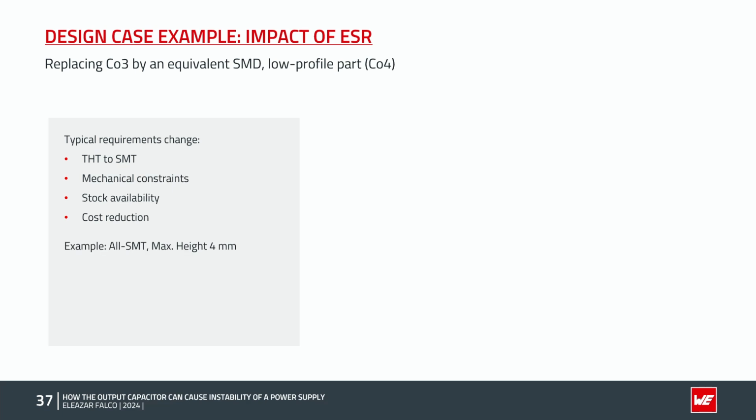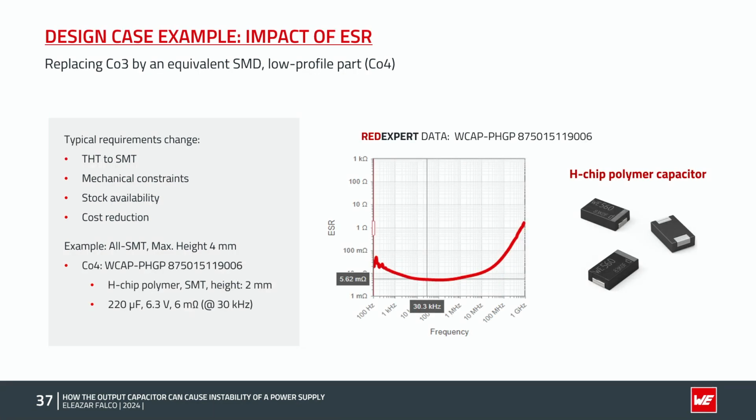Let us consider in our design example that we have a new requirement. In this case, all components must be surface mount with a maximum allowed height of 4 millimeters. Now, ignoring the PCB headers on the board, this only affects the electrolytic capacitor CO3. After a new search in RedExpert, we can find a suitable part-to-part replacement.